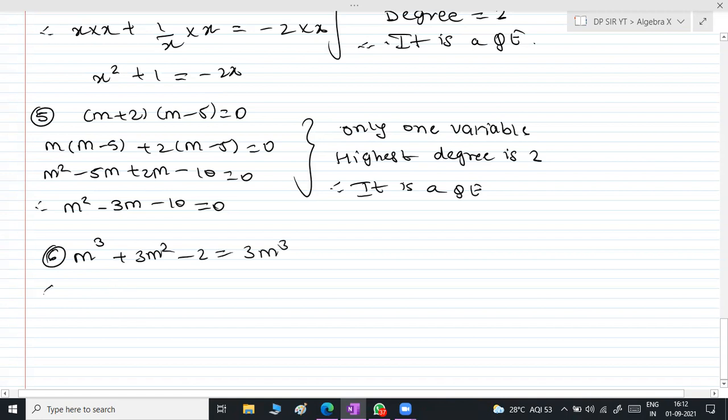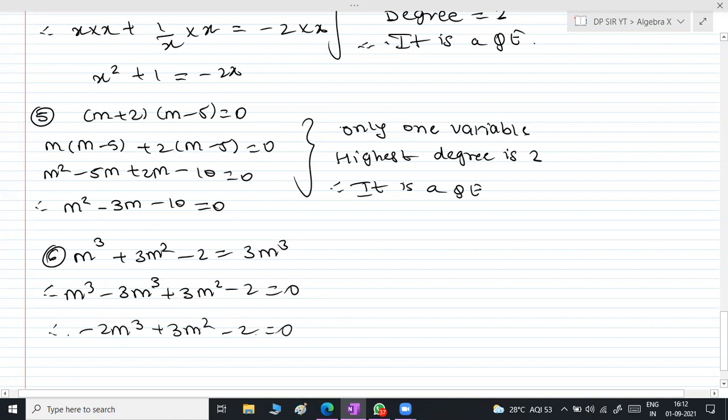Okay, so therefore m cube minus 3m cube plus 3m square minus 2 is equal to 0. Therefore, minus 2m cube plus 3m square minus 2 is equal to 0.